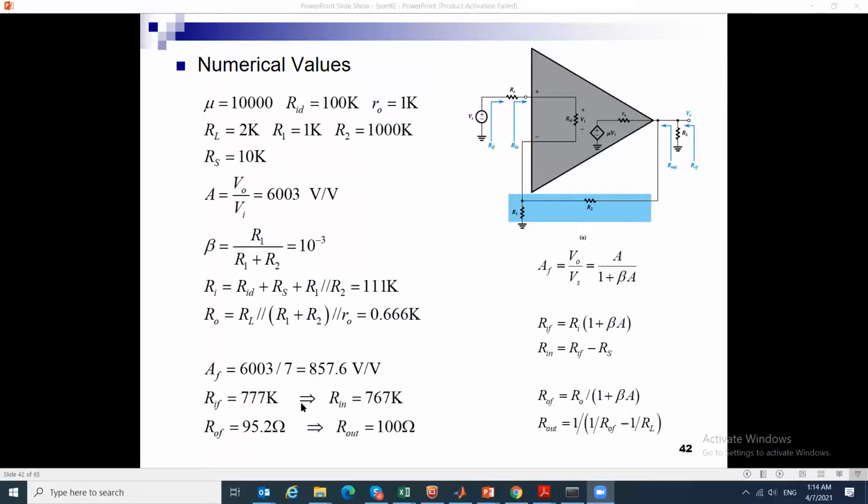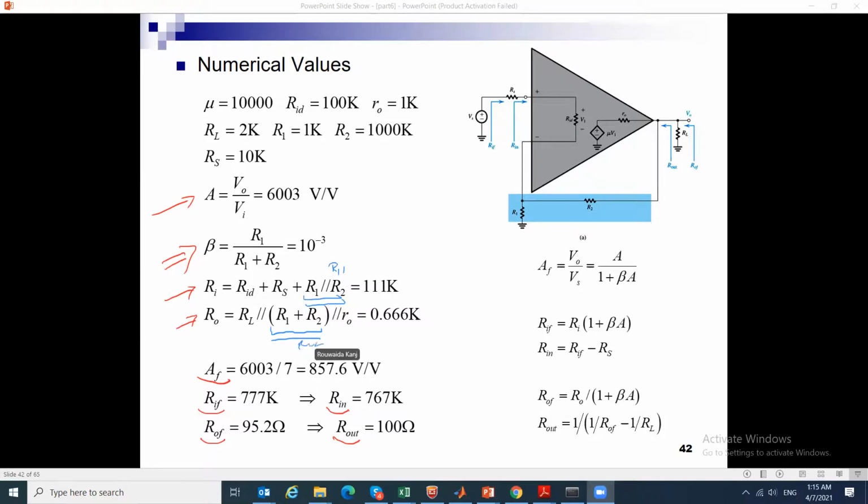Okay, so as we explained a little while ago, those quantities AF, Rin, and R out, of course, and RIF and ROF are for the full feedback amplifier, meaning the whole circuit, not only the modified A block, and they are derived from the quantities Ri, Ro, A from the modified A block, and of course the beta, and the quantities for the modified A block really come or include the beta block R22 and the beta block R11, okay?